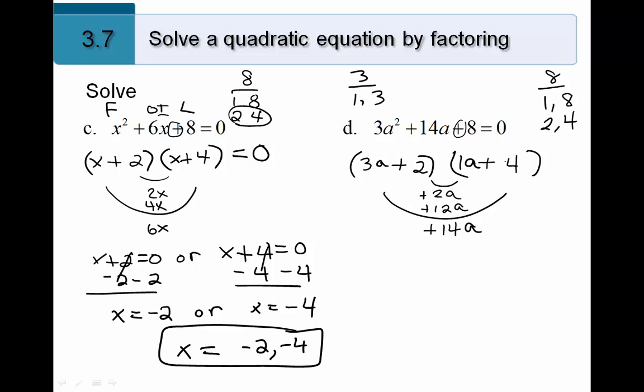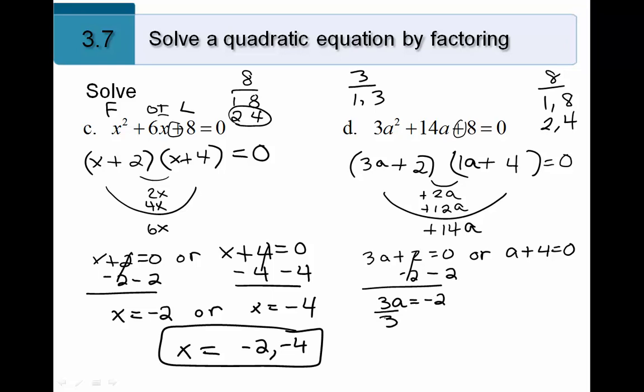So 3a plus 2 multiplied by a plus 4 is equal to 0. So that means either 3a plus 2 is equal to 0 or a plus 4 is equal to 0. If 3a plus 2 is equal to 0, to solve for a, we will subtract 2 from both sides. So we will have 3a equals -2.